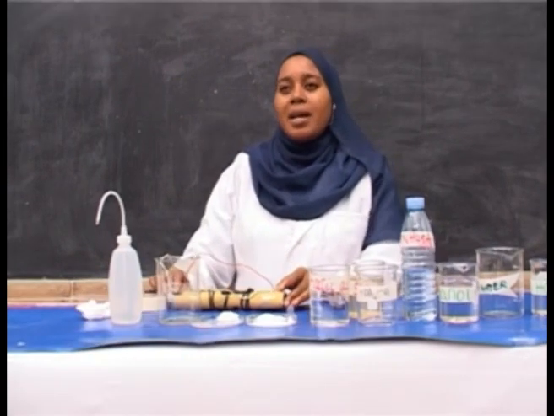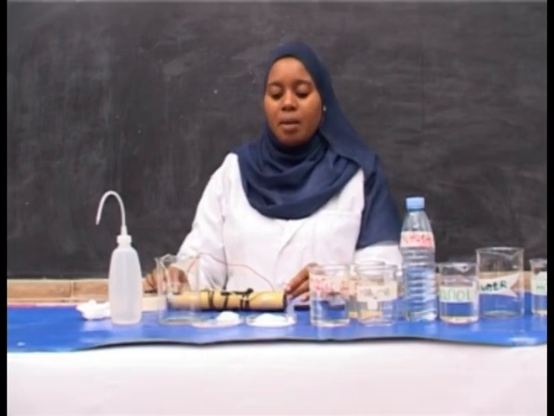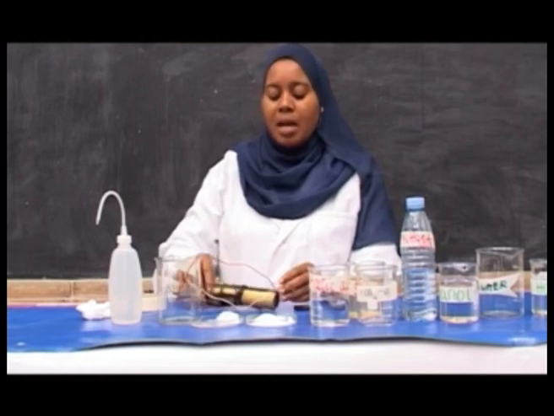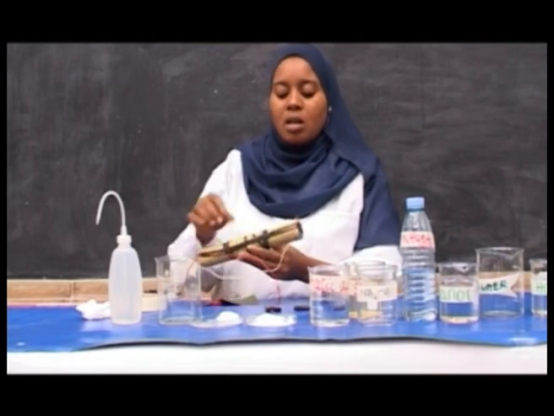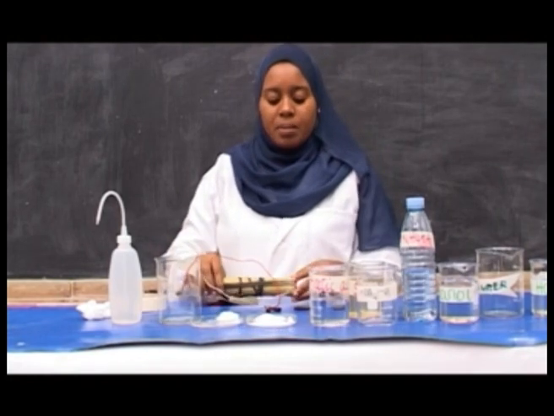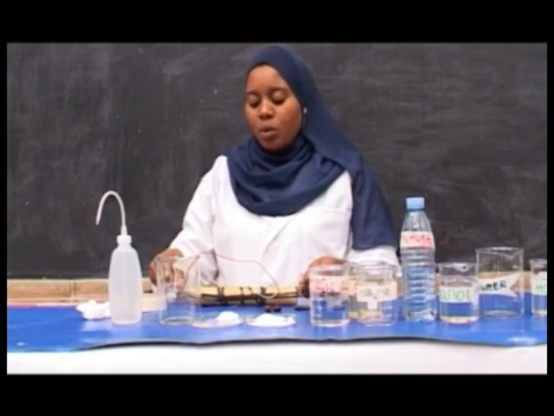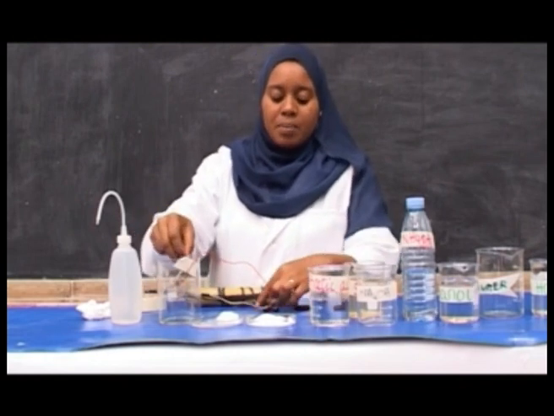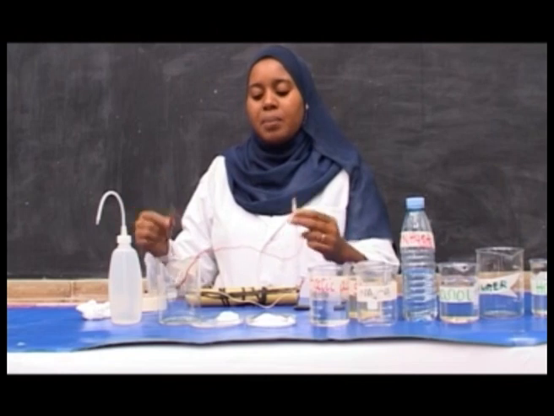Set the apparatus by connecting the circuit, with your 6-volt electric source connected with connecting wires to the bulb and the crocodile clip.